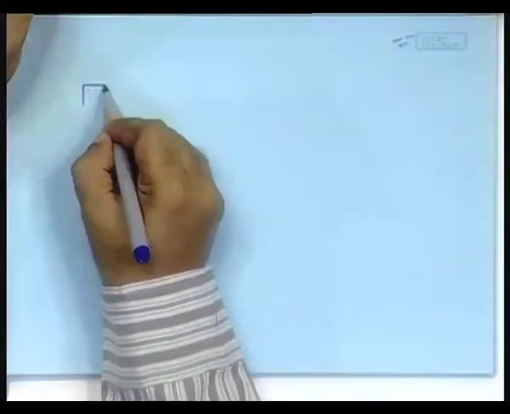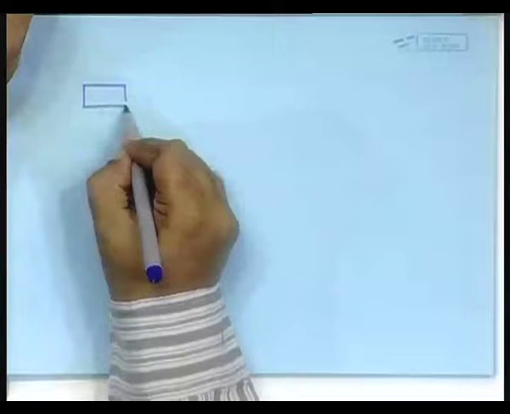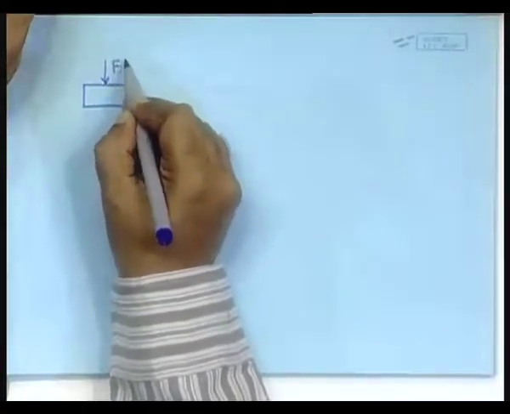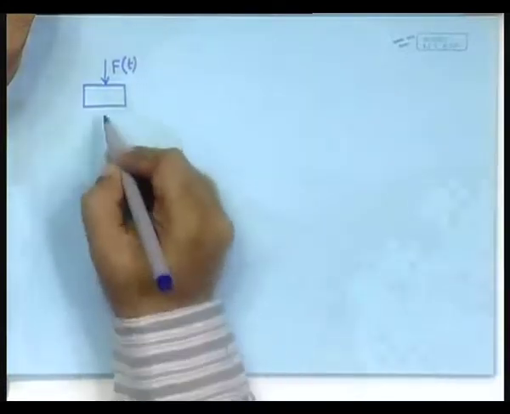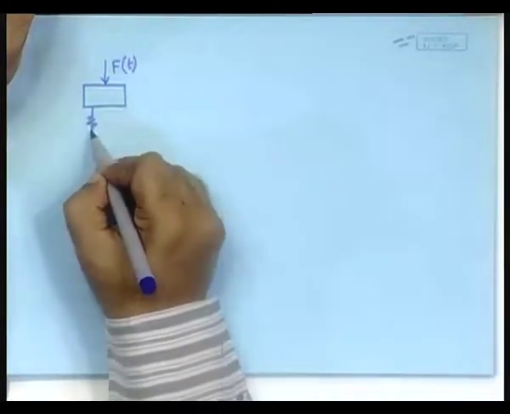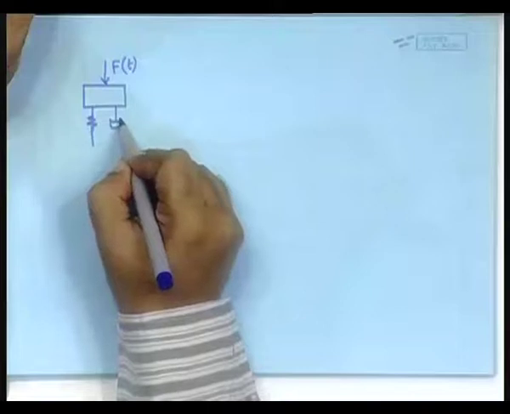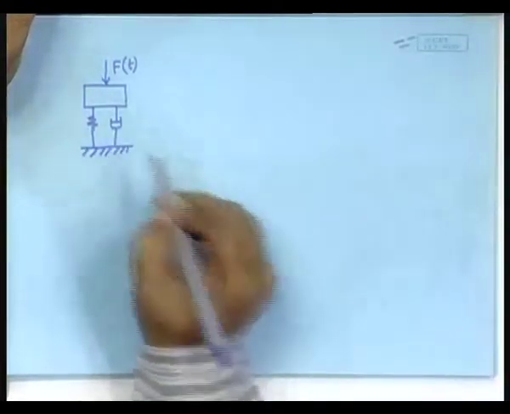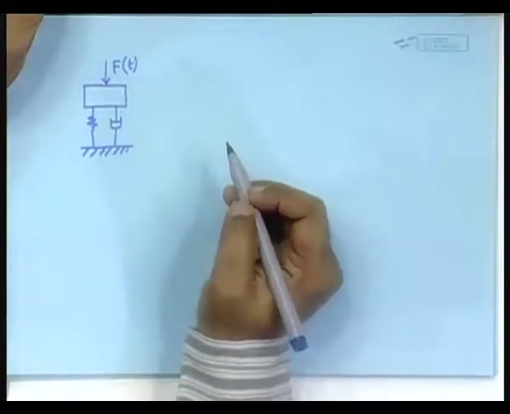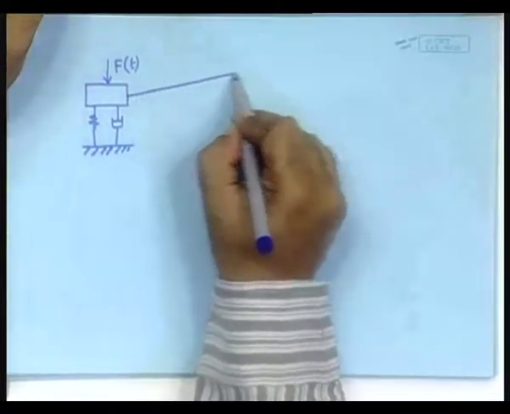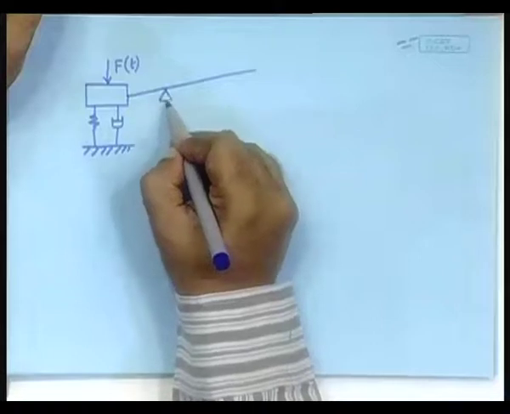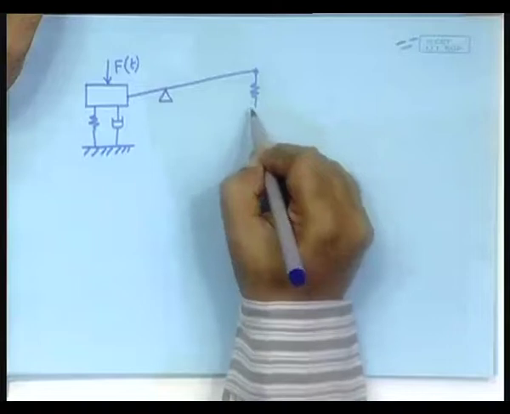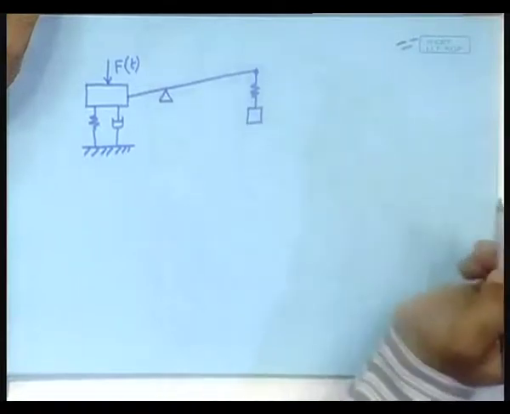Suppose you have got a mass. The mass is acted on by a force F, and here we have a spring damper arrangement connected to the ground, and suppose at this point we have a lever, and at the other end we have a spring and a mass.